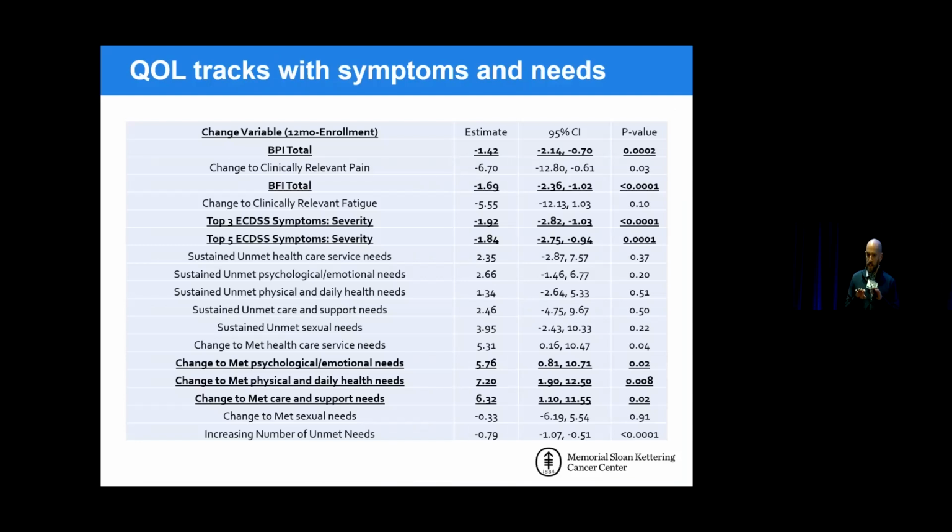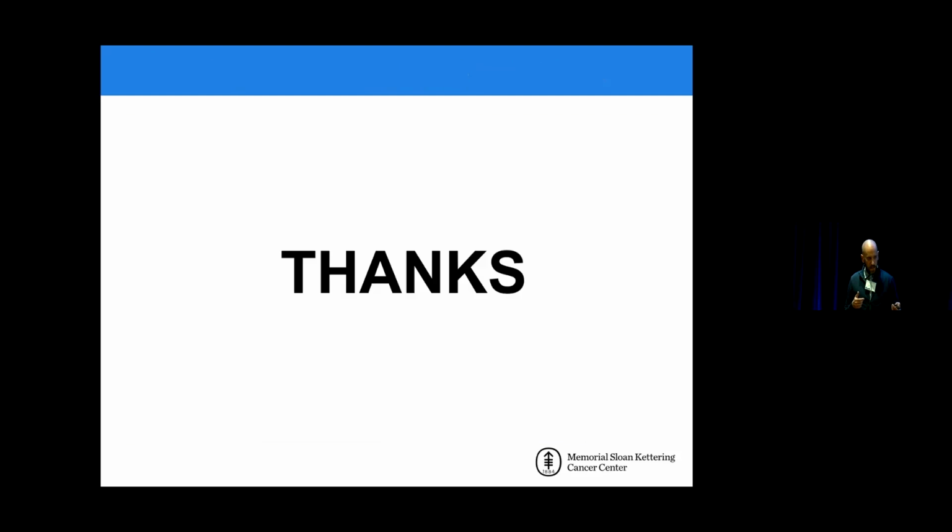And that's regardless of the intervention that has been implemented. To me, that gives a lot of optimism that if you can address some of these underlying symptoms, be it fatigue, pain, or needs for greater support and information, you can actually improve people's quality of life. So I think it's a call to work on those things. And that is it for me, and I'll let Dr. Pegoraro take over.